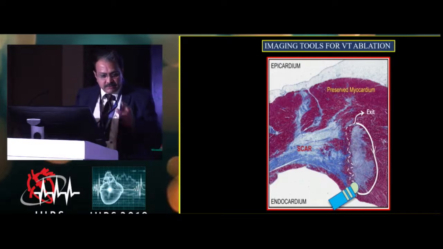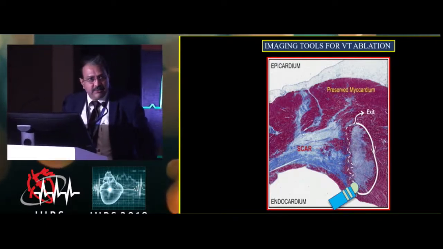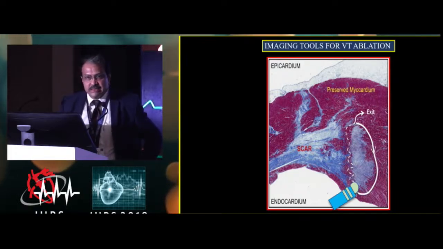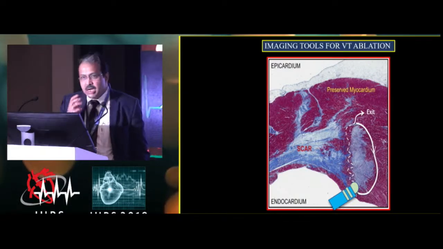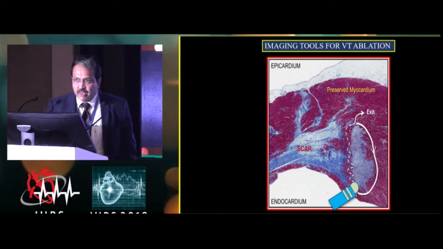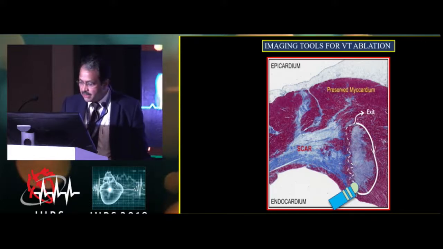VT ablation, especially if it is a scar-mediated VT, can be very challenging. Acute and long-term success depend on how well you have defined the substrate, how accurately you identified those channels which you think are the cause for the sustenance or the genesis of the tachycardia.